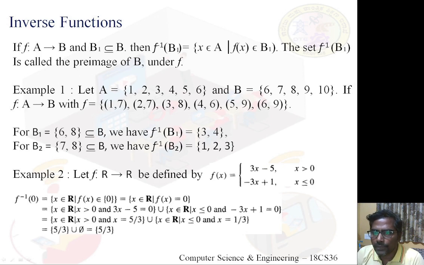When I look at function f, I see that the elements 1 and 2 of domain A have 7 as an image, and the element 3 of domain A has 8 as an image. So f inverse of B2 is {1, 2, 3}.